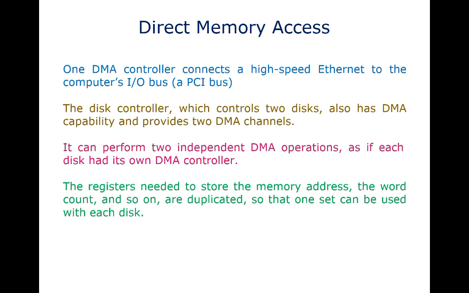So the next is the direction of transfer. This DMA controller must know not only where the transfer starts and how much data is to be involved, but also in which direction the data should be moved.